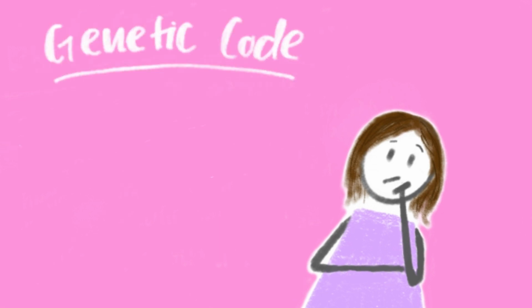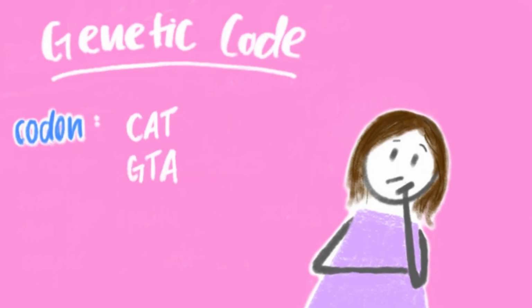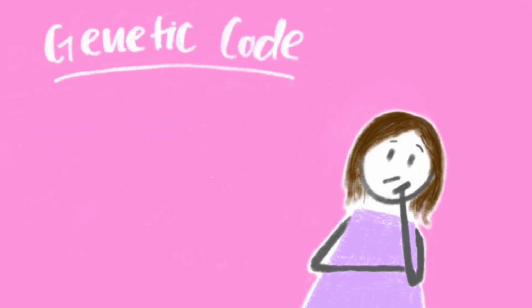sequence of letters. Now, a fun fact about DNA is that it has its own genetic code, or language. Each word, or codon, in this language is made of 3 bases. For example, CAT or GTA, and every codon is translated into one of these 20 amino acids.